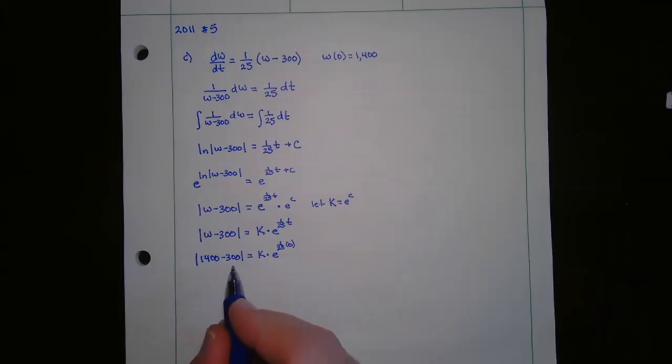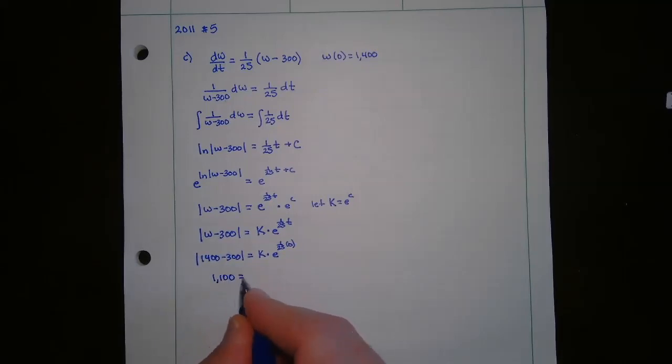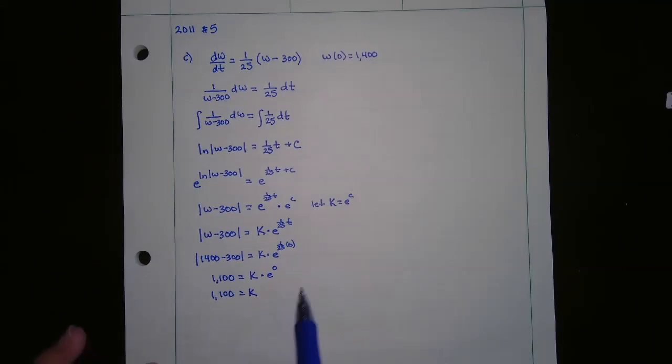That'd be 1100, right? And we really don't need the absolute value, so it'd just be 1100 is equal to K times e to the 0, and that's 1. And guess what? We just found K. K is 1100, okay?